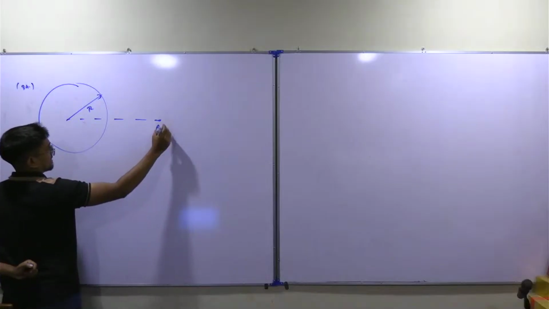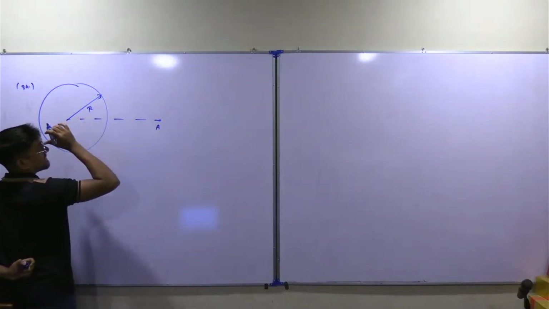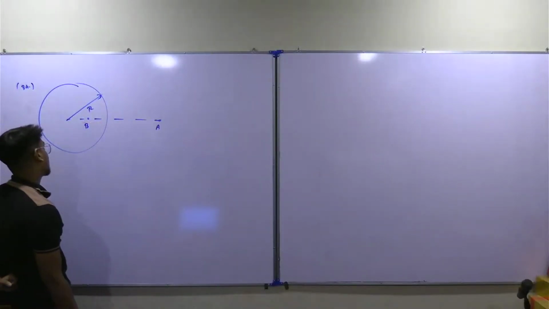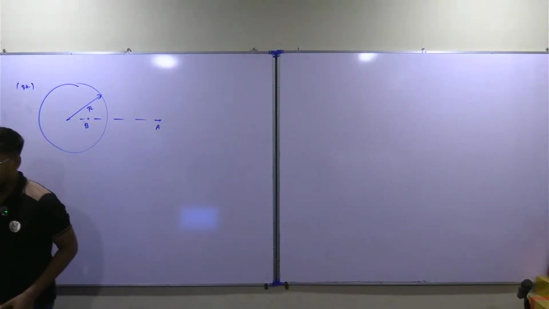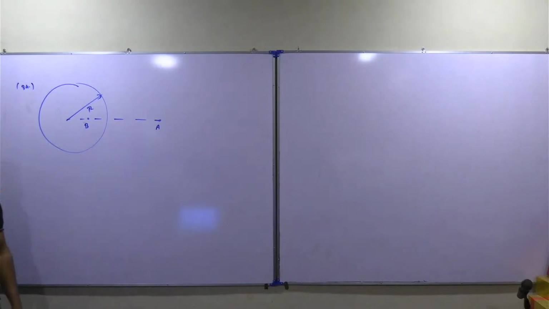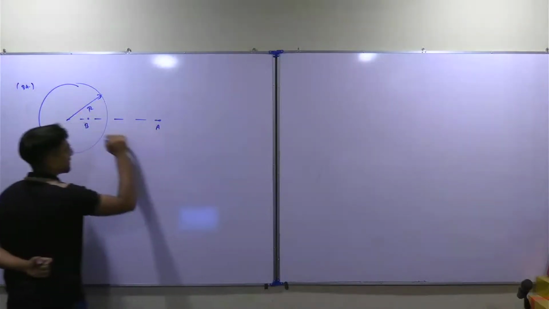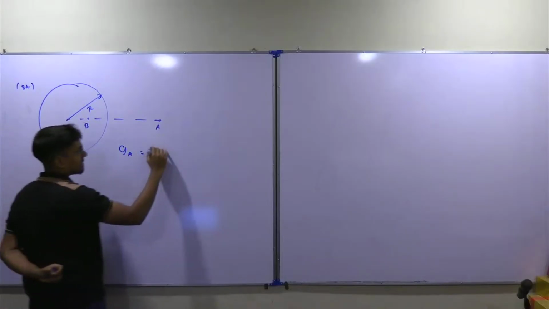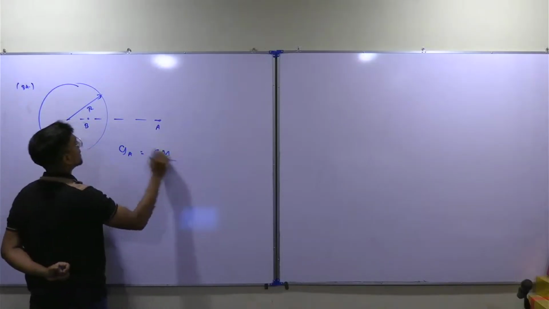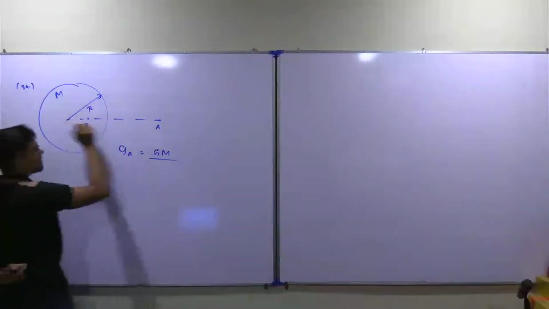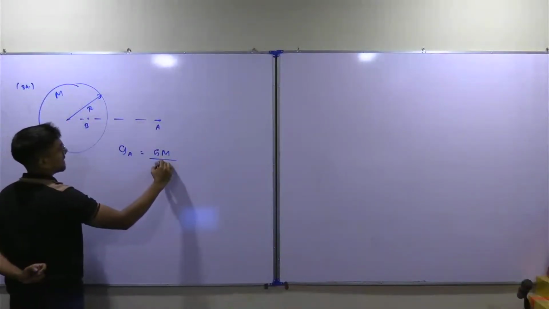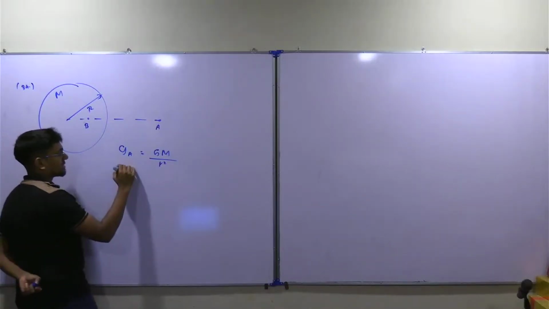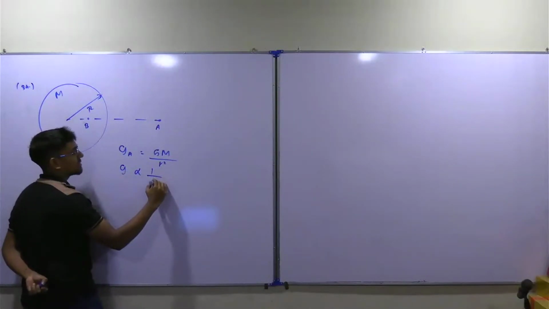Take this as point A, which is outside the sphere, and let's consider a point inside the sphere as B. The gravitational field strength at A can be written as GM over R square, where M is the mass of the sphere and R is the distance.